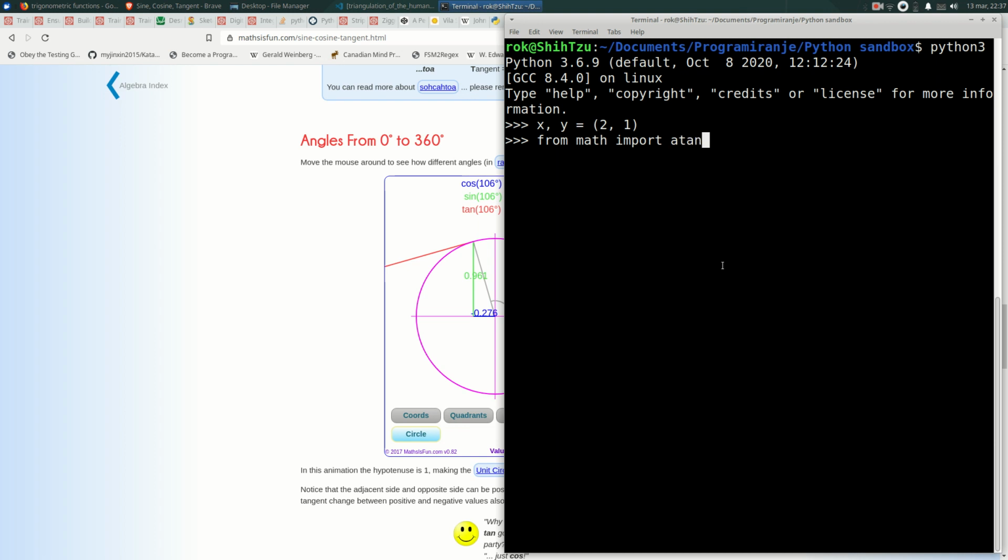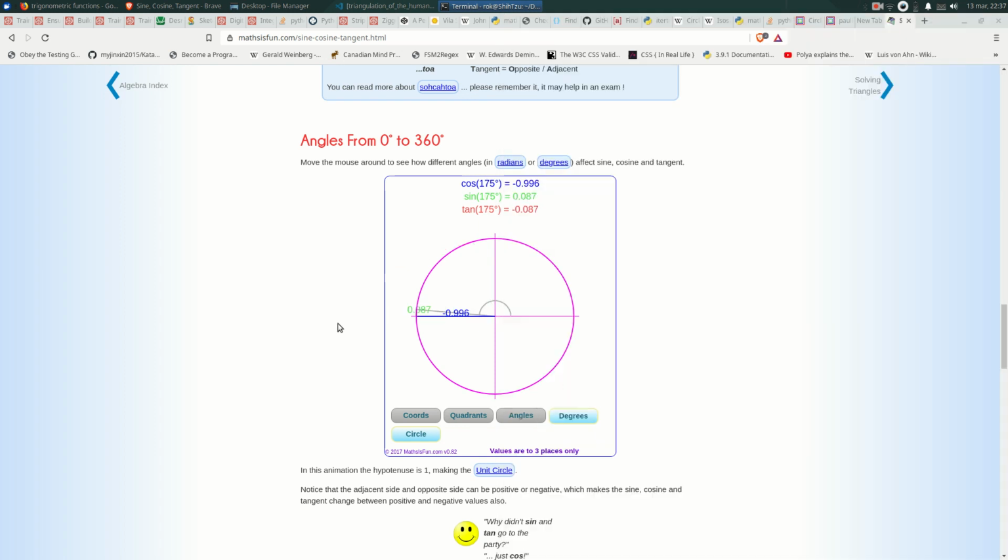atan, I don't know, say atan. What is this, undefined? That's undefined. Oh, and it goes in that way. So we say atan of... it's undefined at 90 degrees.